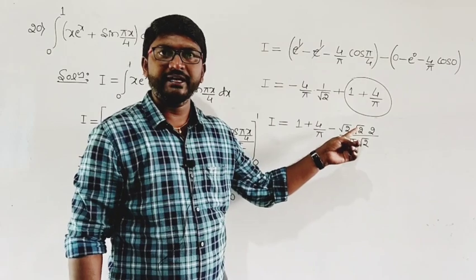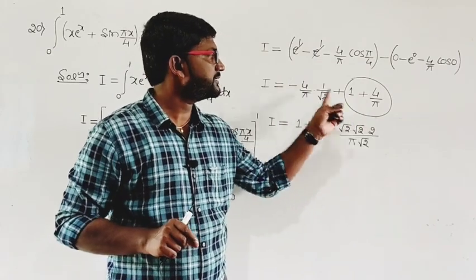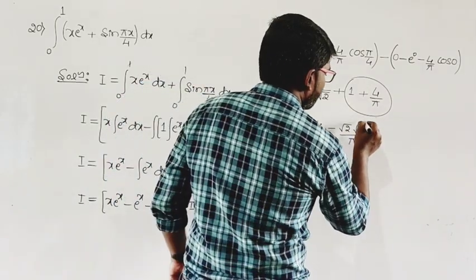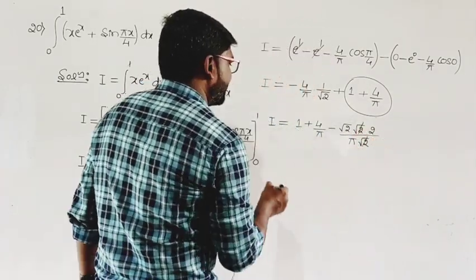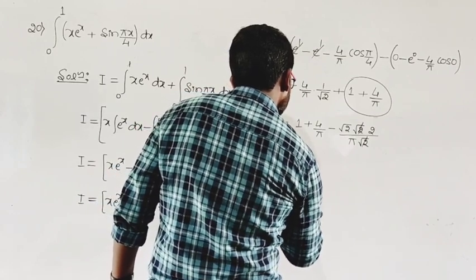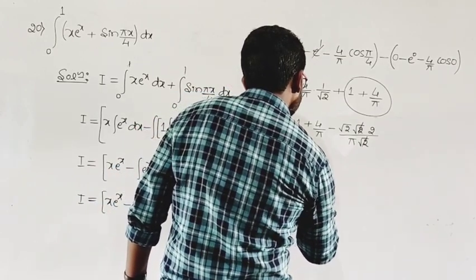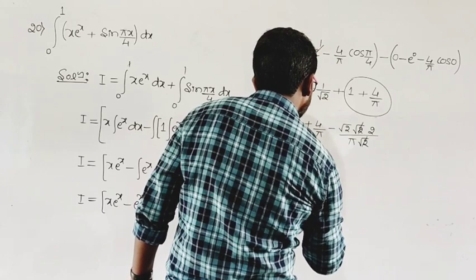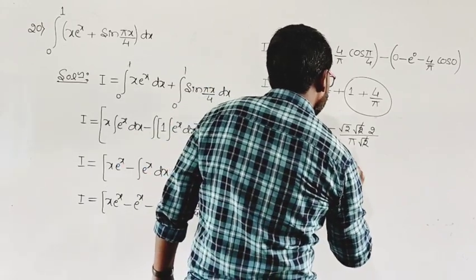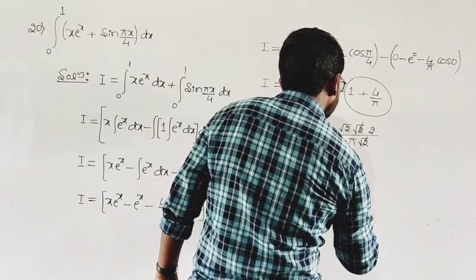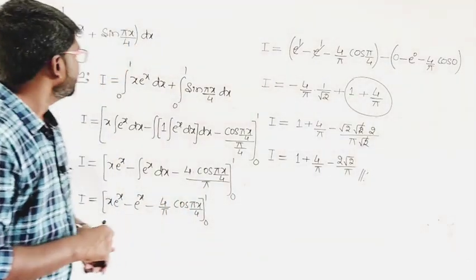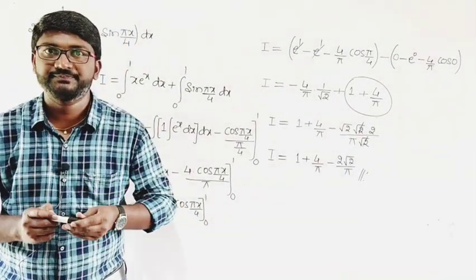What is root 4? It is 2. 2 into 2 is 4. I have written 4 in this form. So here root 2 and root 2 get cancelled. I is equal to 1 plus 4 divided by pi, then minus 2 root 2 divided by pi. So this is the answer for the 20th problem.